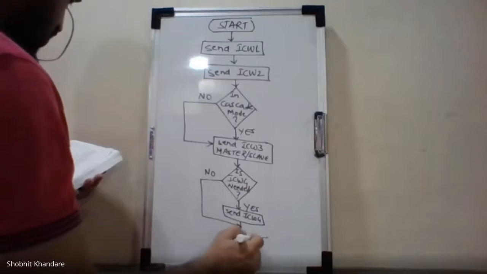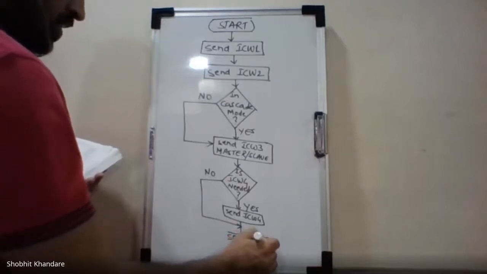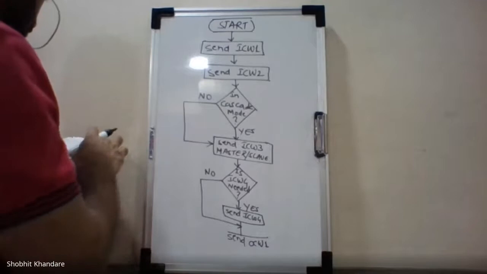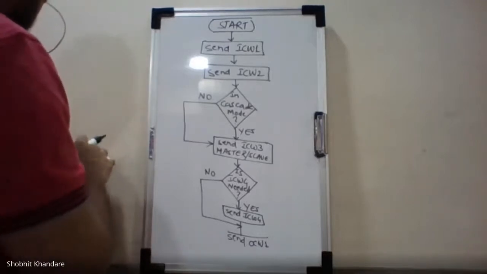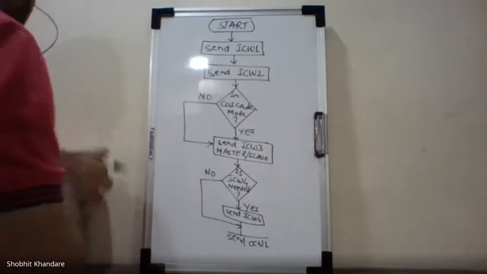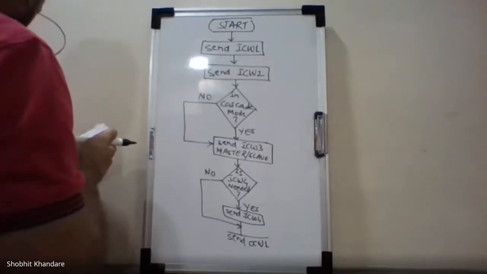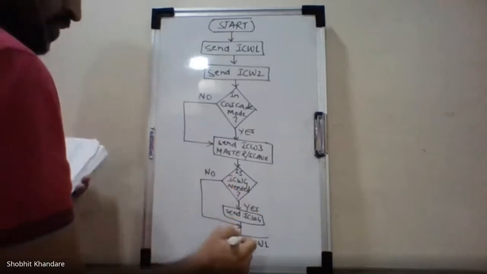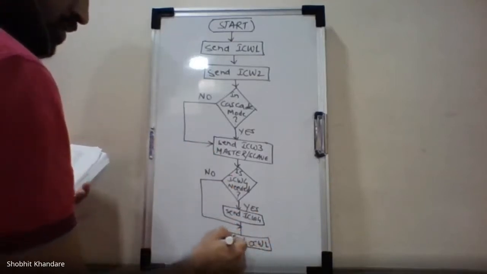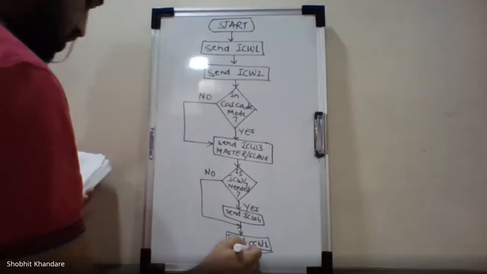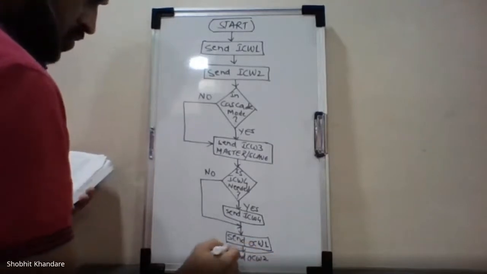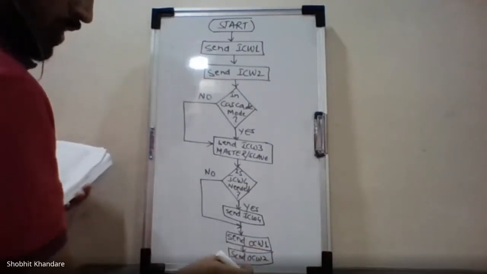send OCW1. Send OCW1. Then send OCW2. I do not have space here.